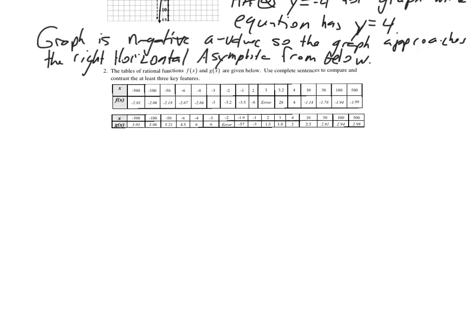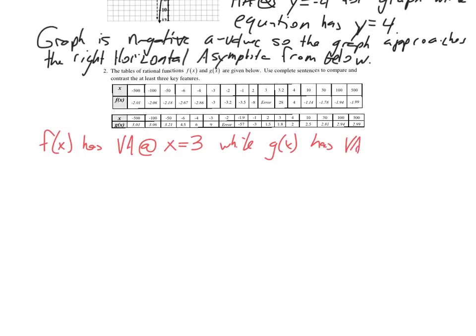Okay, hopefully you paused this and tried this on your own now. If you didn't, I don't know what to say. Make sure you try this on your own. So where are the key features for this? So f of x and g of x do not have the same vertical asymptotes. So f of x has a vertical asymptote at x equals 3, while g of x has a vertical asymptote at x equals -2.